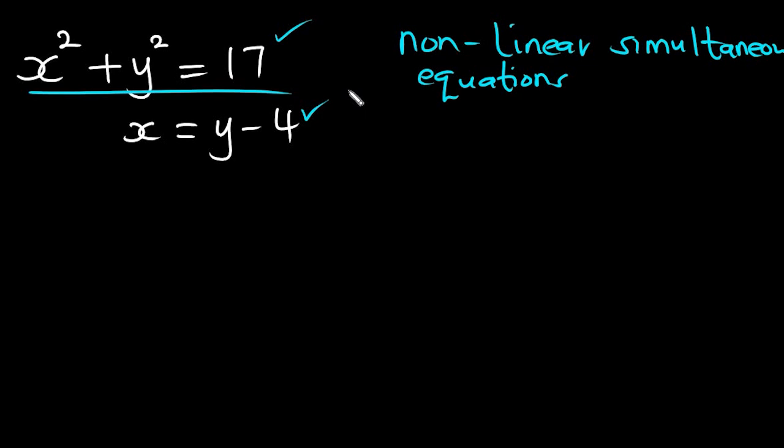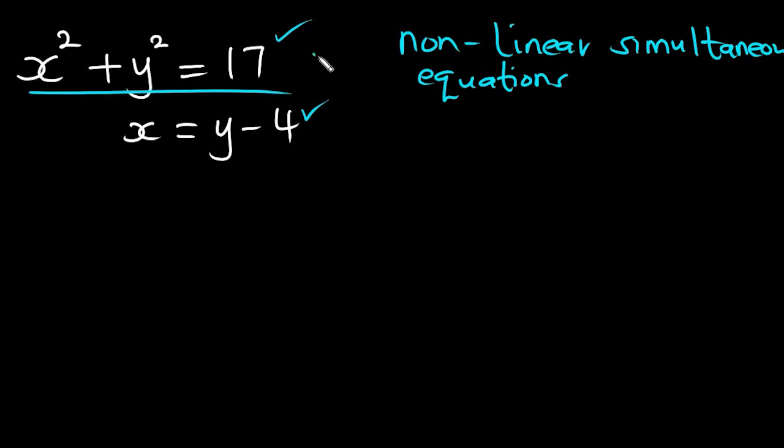So how do we go about them? There are many methods of solving simultaneous equations. There's elimination method, there's substitution method, there's a graphical method. All those are ways of solving simultaneous equations, but elimination method is not going to work, because elimination method can only work for linear equations.